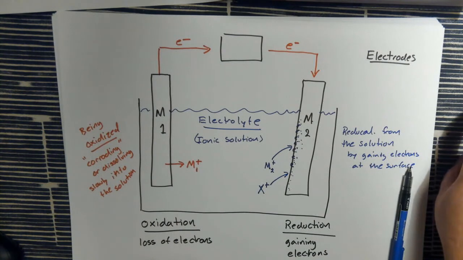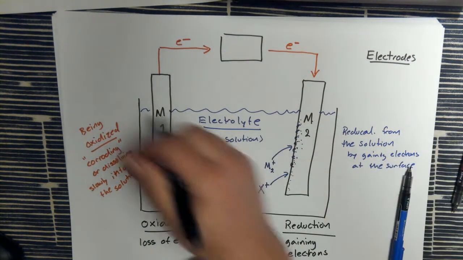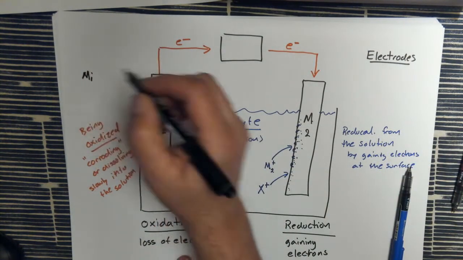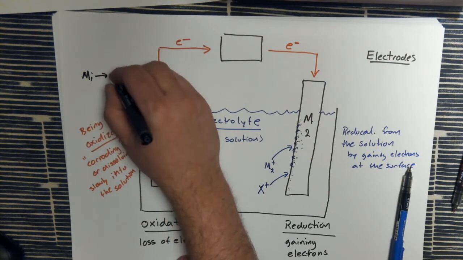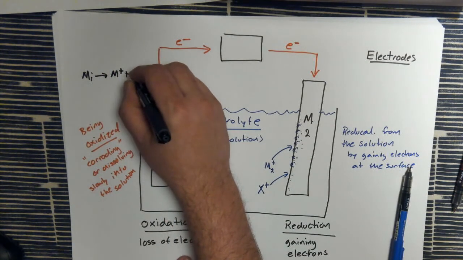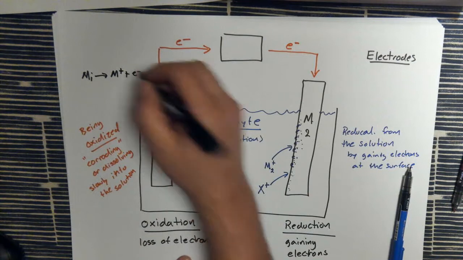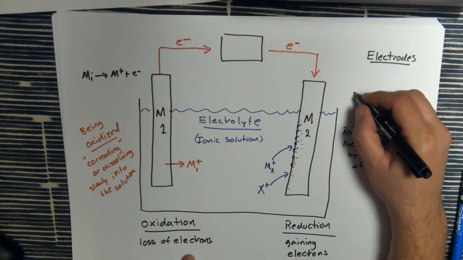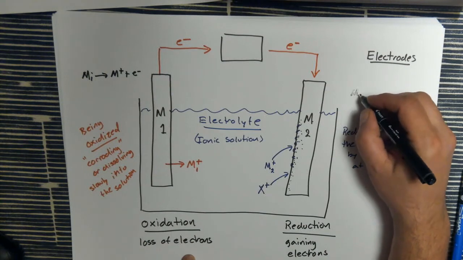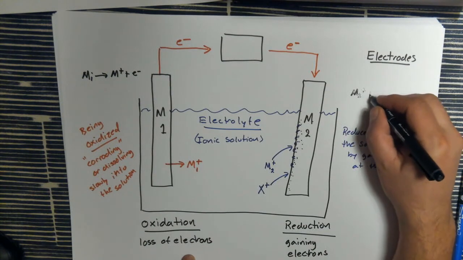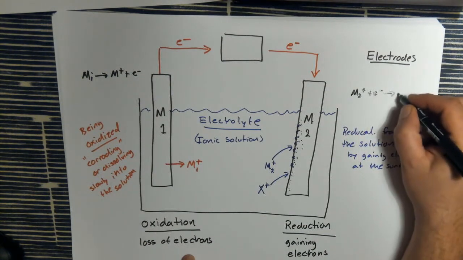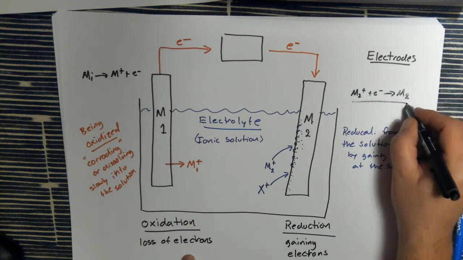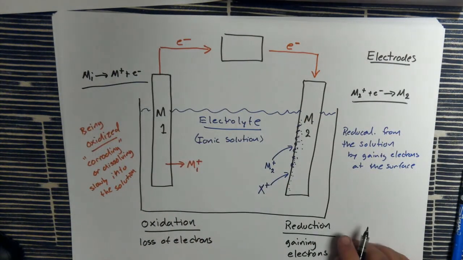So if we look at the overall reactions, then we could say that here M1 is turning into M1+ plus electrons. And at the other side we have M2+ gaining electrons and becoming M2. And this is a purely theoretical situation.